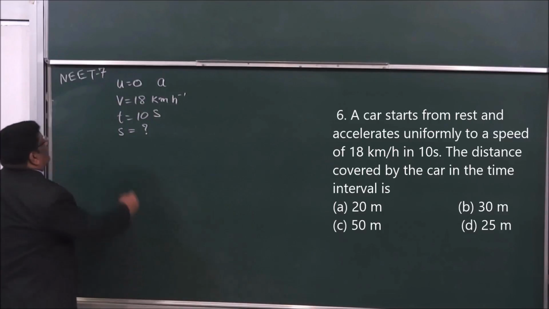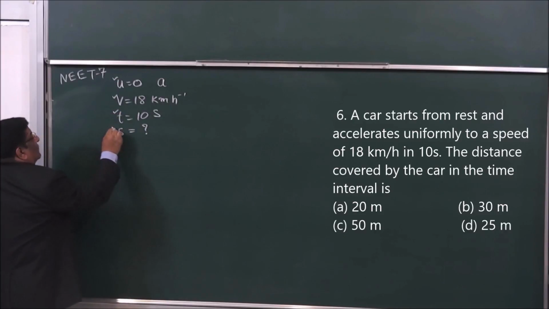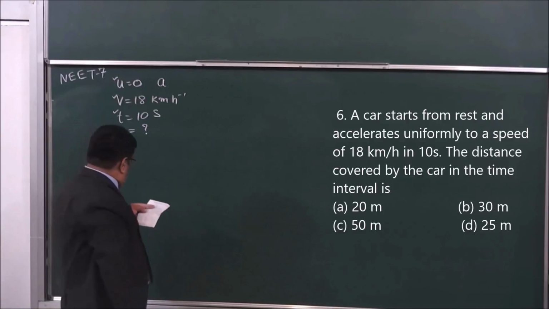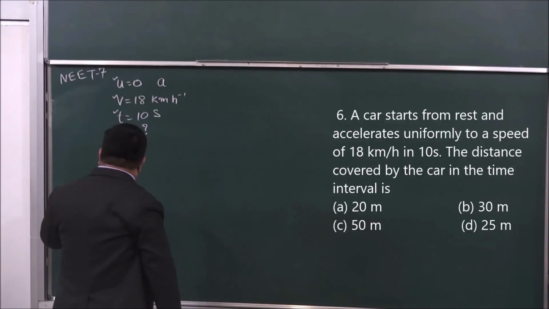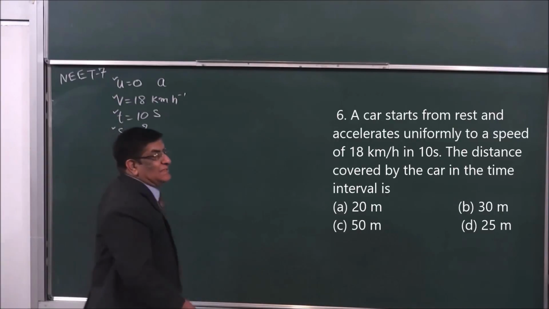Okay, what is given to us? U, V, T, and we have to find S. And there is uniform acceleration. Do we have any relation of these four? Now, there is an acceleration we know.